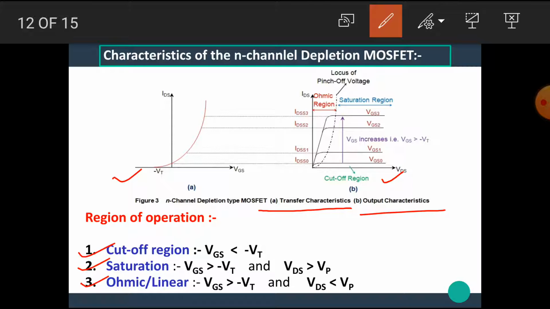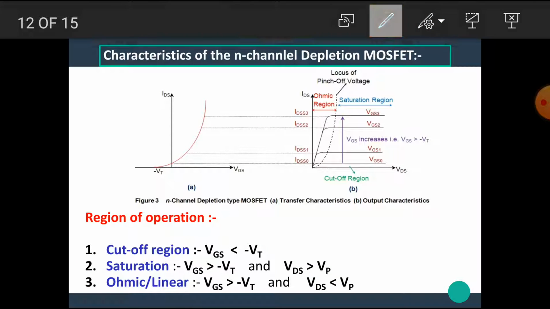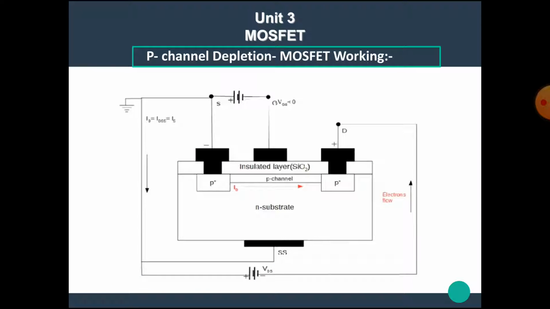For cutoff region, VGS should be less than minus Vt. For saturation region, VGS should be greater than minus Vt and VDS greater than Vp. For ohmic region, VGS should be greater than minus Vt and VDS should be less than Vp. I hope you all understand the basic operation of n-channel DMOSFET.